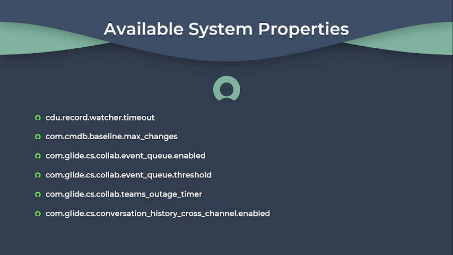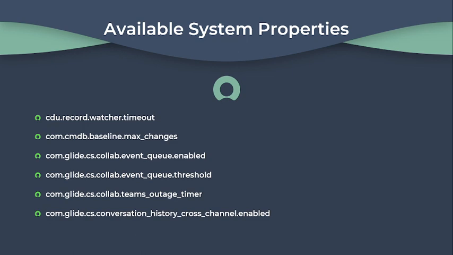This is for the maximum waiting period for the cloud discovery schedule configuration wizard to stop watching the record watchers while validating account discovery and logical database discovery. Then next is cmdb.baseline.max_changes, which is the maximum number of changes and relationships for a CI that can appear in the baseline difference from the CI.